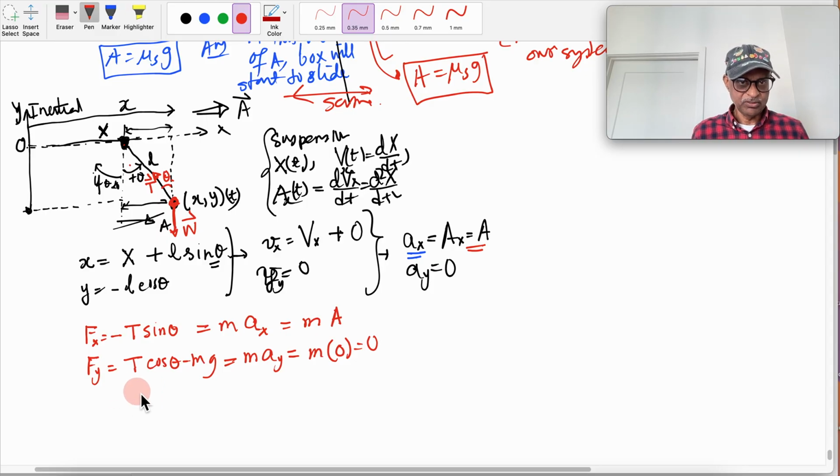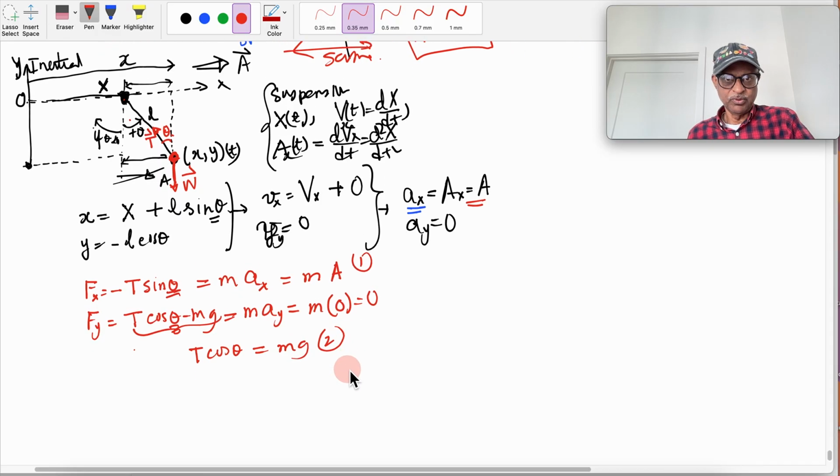So now we can solve this for T, or you can just say we need to get rid of T because we're only interested in theta, right? If you isolate T cosine theta, it becomes mg. So you have equation 1 and equation 2.